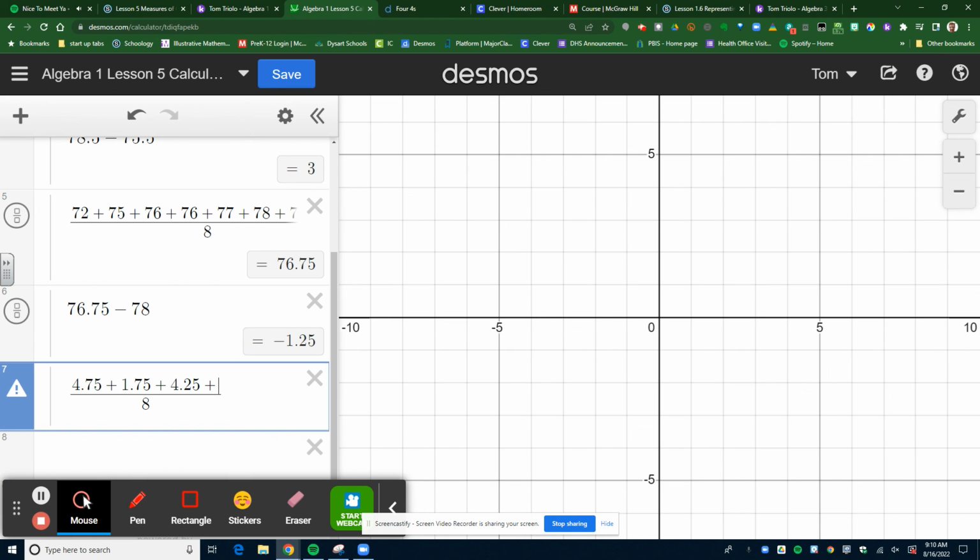Okay. Gotta charge your Chromebook every night. Every single night. Hello. Desmos. You gotta hold them to the side. Make a fraction bar, put 8 in the bottom. Come in.